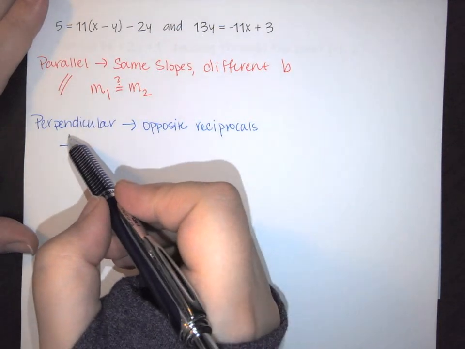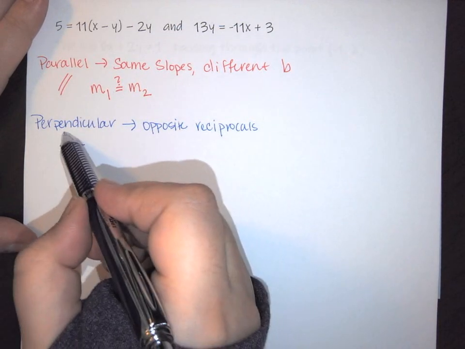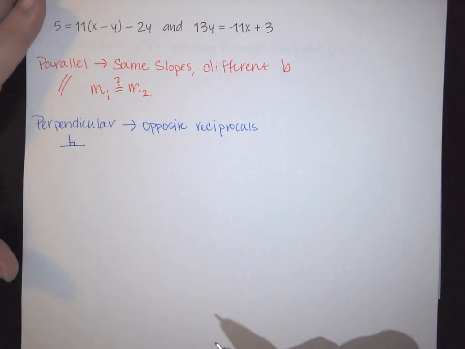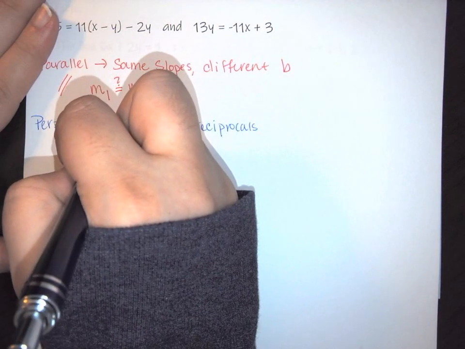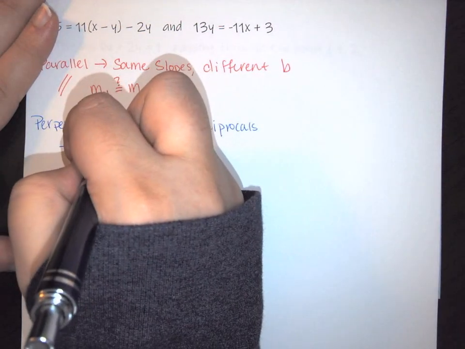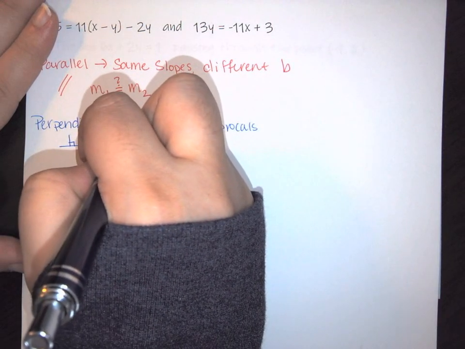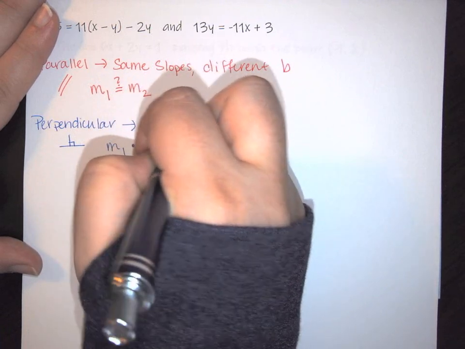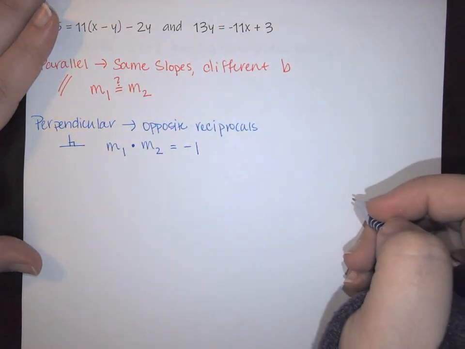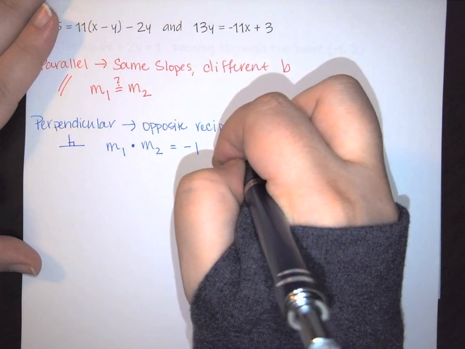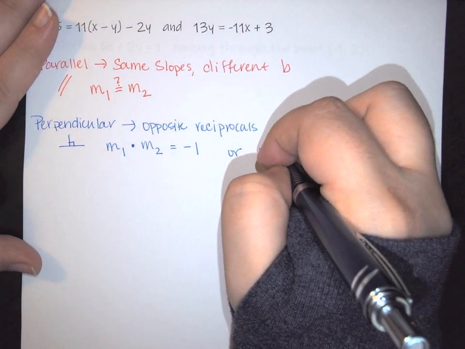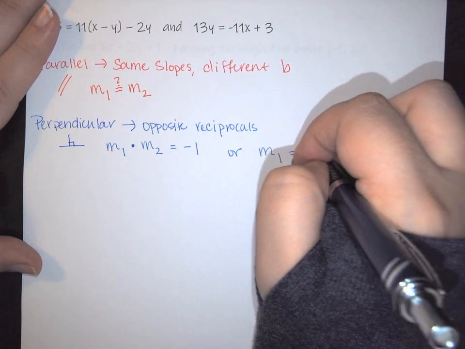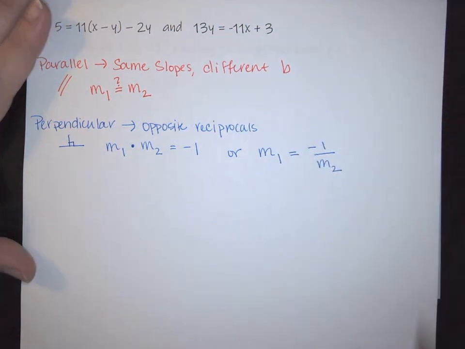So you can see you've got your perpendicular angle here. I like to call it the upside down T with the box. And when we're looking at this, there's a couple ways that we can do it. First, we can look at saying that M1 times your M2 should be -1. Or you could look at it as my first slope has to be -1 over my second slope.